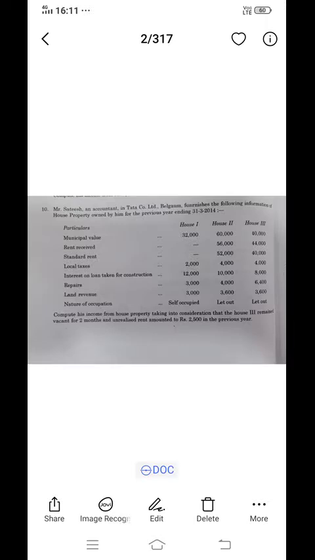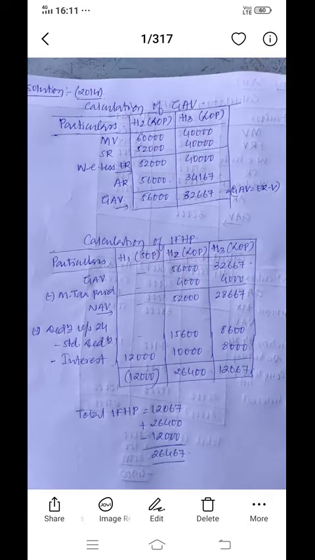So first, what do you have to calculate? The first step is calculation of GAV. This is a solution which I have already prepared. For house 1, you need not calculate anything because house 1 is SOP.